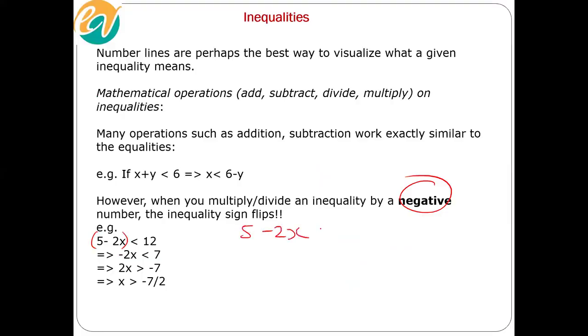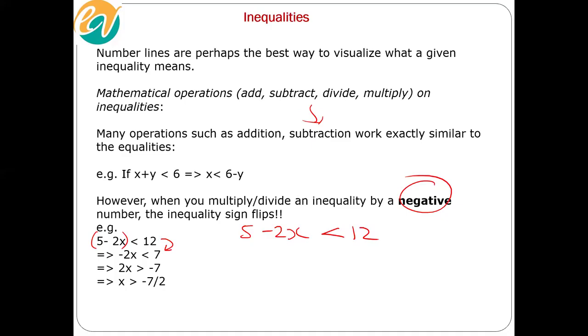5 minus 2x is lesser than 12. Now from here to here, what did I do? I subtracted 5 from both the sides. Since I'm subtracting and subtraction works exactly the same as with equalities, I don't need to worry about anything.